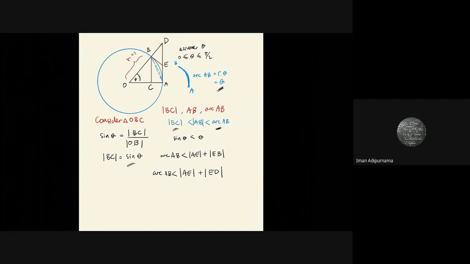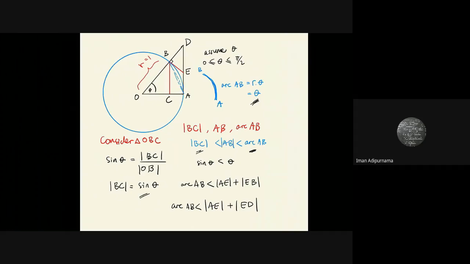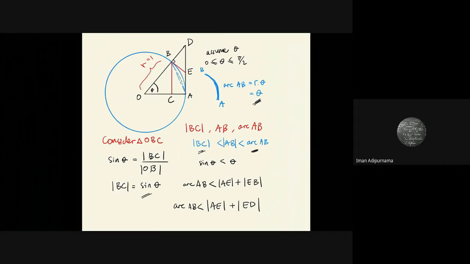That of course is less. And from the picture, we have two triangles, at least the small one and the bigger one, if you do not consider the other one here. So we have OBC as our sine here, and we have OAD. So consider OAD.